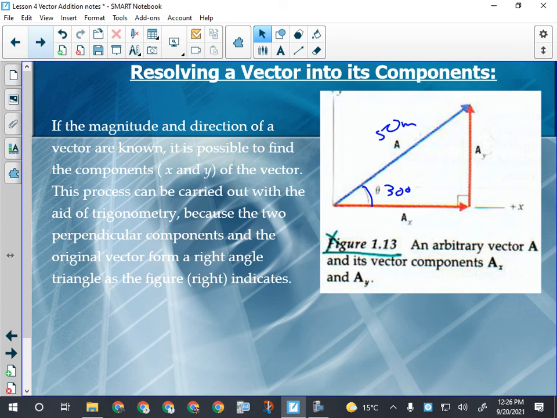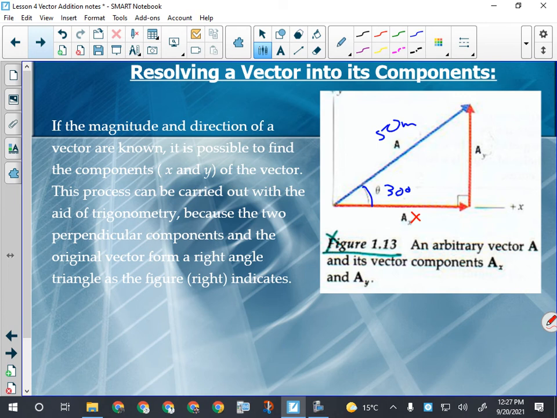Which trig function am I going to use to find the x component, this side here? Nope. No, I have to have opposite and adjacent to use that one. So is this side adjacent or opposite the angle? It's adjacent. Which trig function deals with the adjacent side and the hypotenuse? Cos.